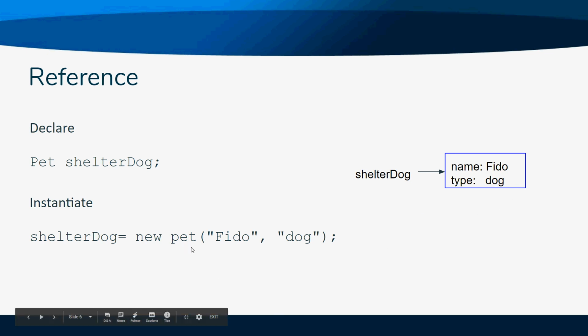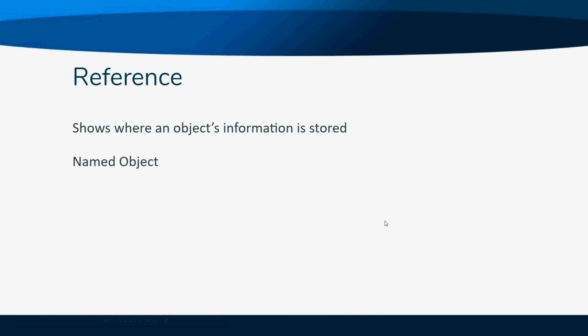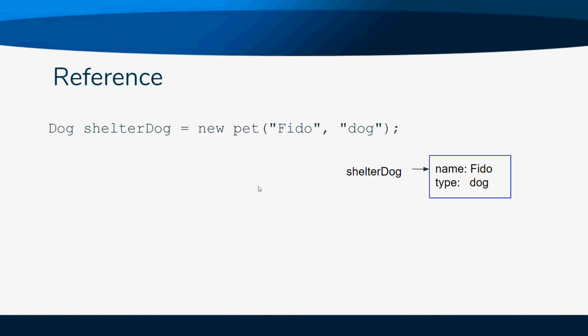You could be using the default constructor, so you'd be filling out with empty information, but still it's whatever the default information is. A reference is the object's information, where it's stored. So you have a named object. So shelterDog is a reference to this location in memory.